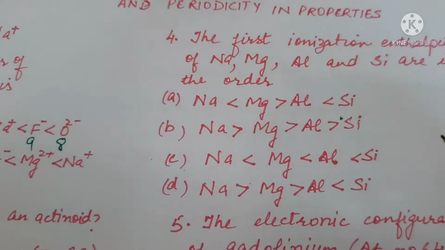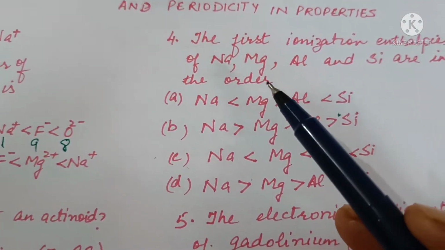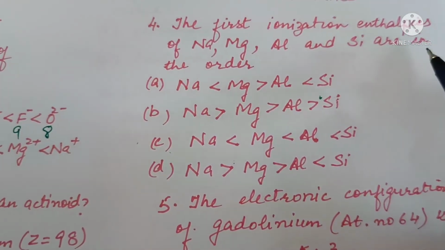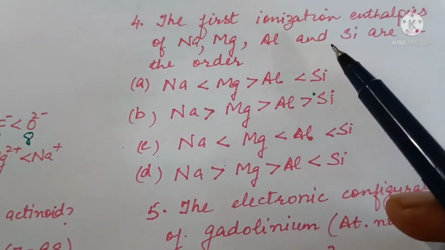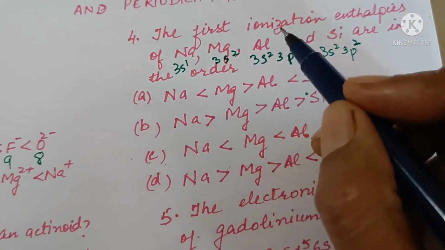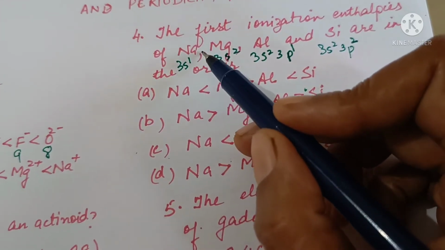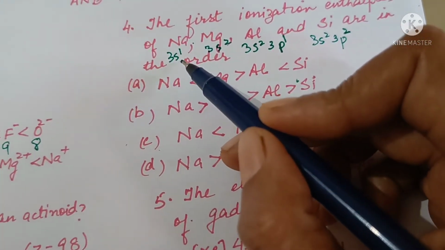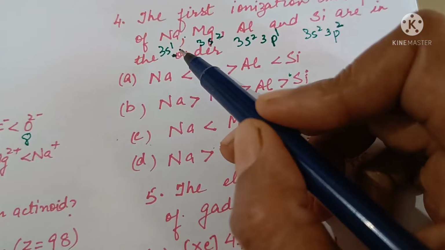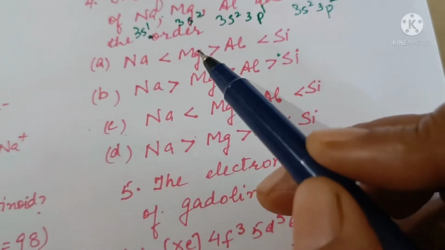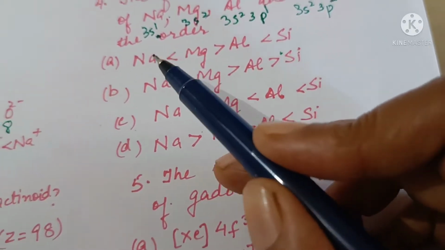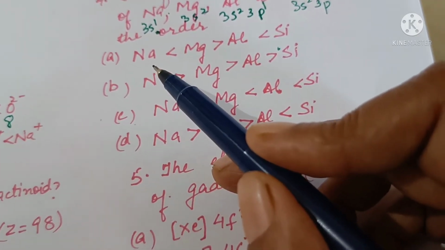First ionization enthalpies of sodium, magnesium, aluminium and silicon are in the order. The first ionization enthalpy of sodium will be the least because only one electron has to be lost. First ionization enthalpy for magnesium will be greater than that of sodium.